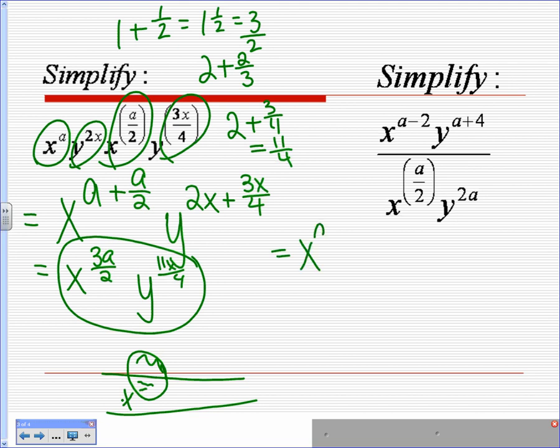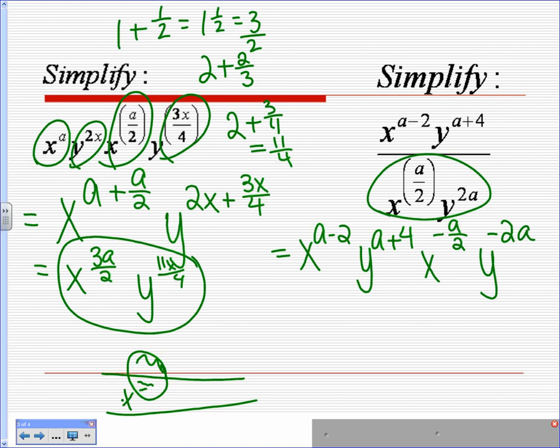You start by taking these two. What do you make negative? The exponent. So it's negative 8 over 2. And then the y to the negative 2a. Anytime you're moving them across a fraction, you always make the exponent negative, not the actual number. Any questions so far?